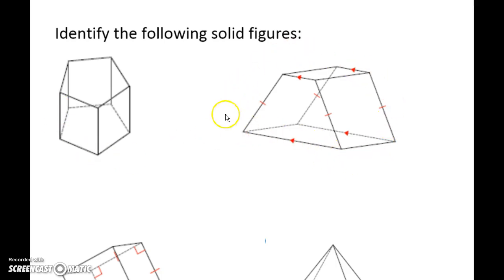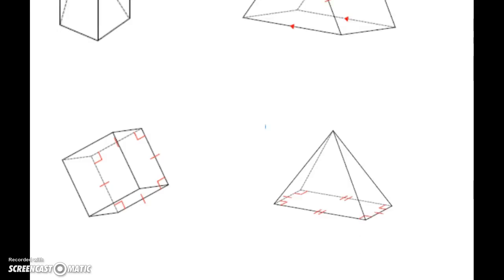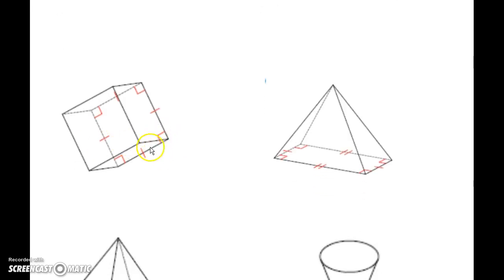This shape here would be a trapezoidal prism because it's 2 parallel trapezoids joined together with rectangles. Down here, this would be a square prism. Now, I can't just jump and say that it's a cube because I don't know that the lateral edges are also all squares. All I know is that the base is a square.